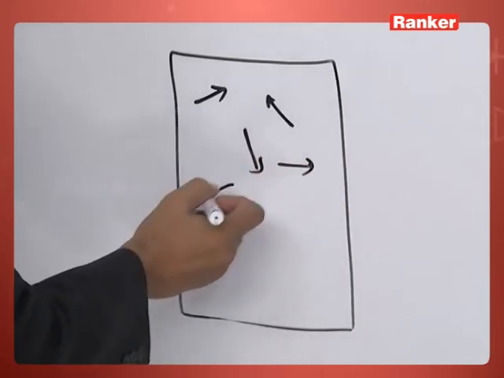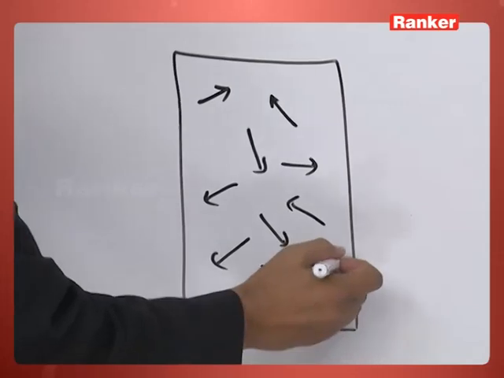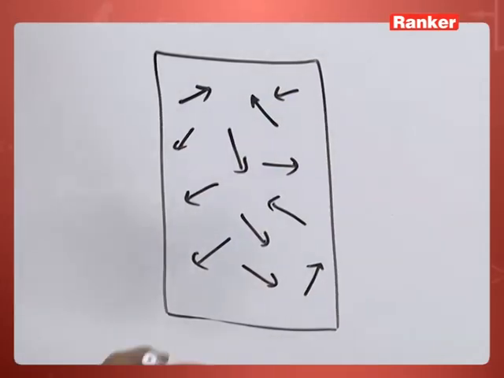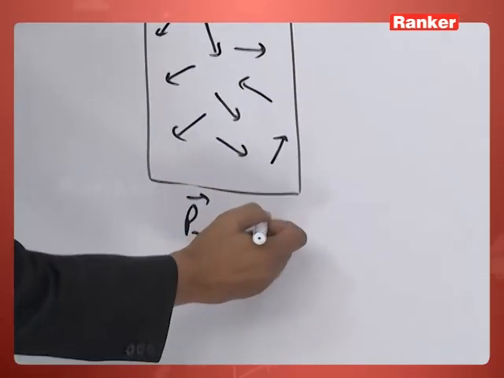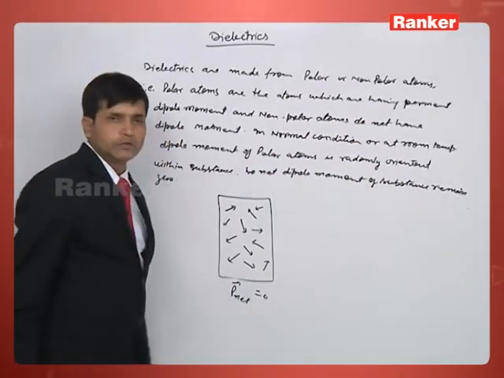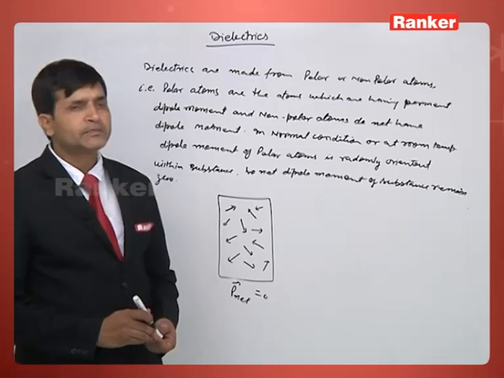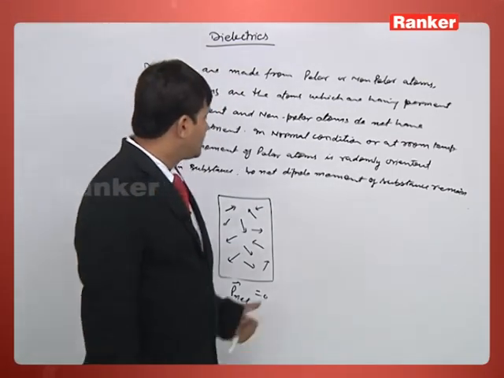In this manner, randomly oriented dipole moments are there. So the net dipole moment of the whole system is 0.